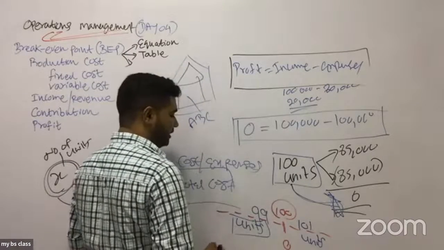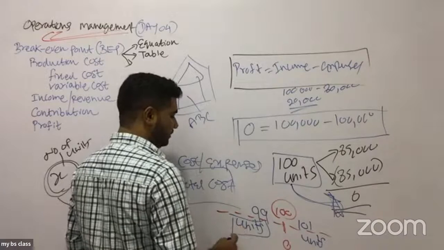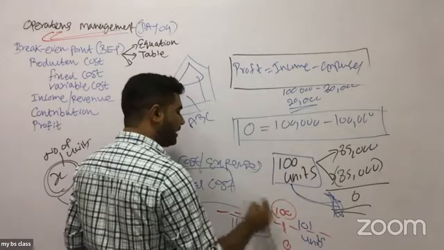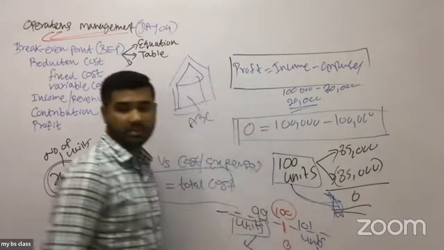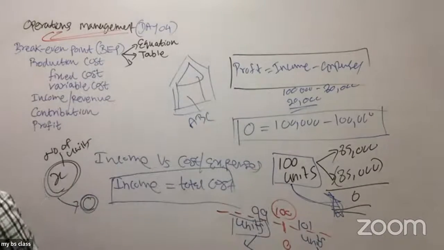And then my question: what happens when you sell 99 units and when you sell 101 units? What is your idea? Any idea, guys? What do you think?